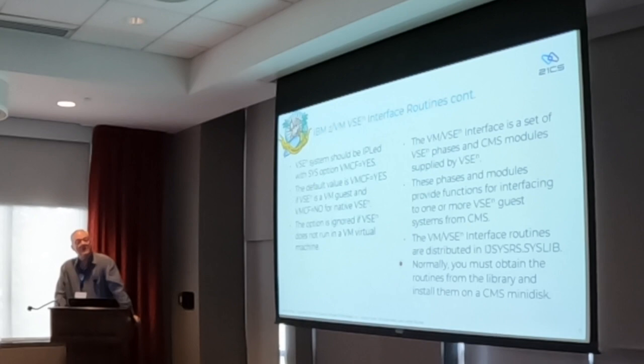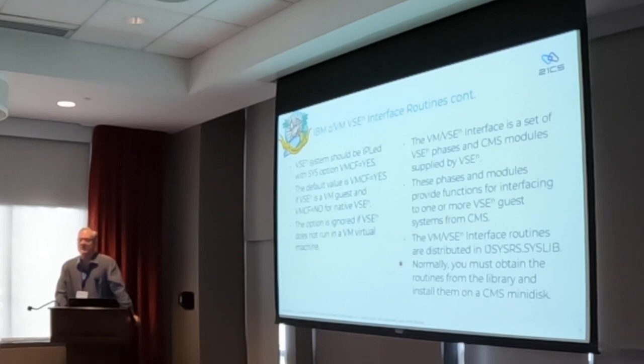Let's see. I talked about the interface is a set of phases that we supply. And these phases, you need to run that skeleton, which basically will send the phases to your VM user ID of choice, and then you get it sent to your reader, and you receive them to your A drive.